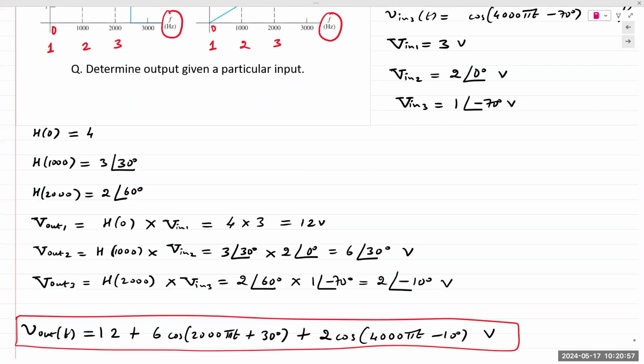V out 2 is H of 1000 times V in 2, and V out 3 is H of 2000 times V in 3. Simple multiplication. The point being, we don't know what the circuit is, we don't know what the circuit does, yet we can still predict the output because we know the transfer function. So think over everything. Let me know if you have any questions.